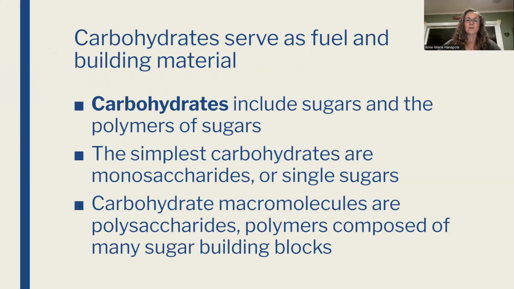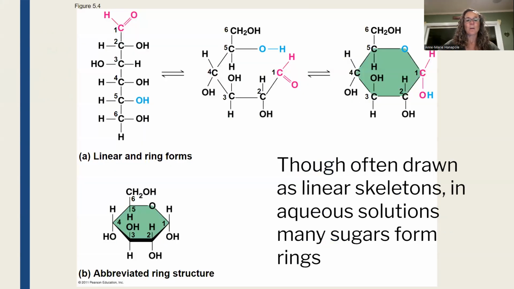So carbohydrates are going to be those sugars, simple sugars, and polymers of sugars. The simple sugars are the building blocks that make up the larger carbohydrates. So monosaccharides are going to be those simple sugars.